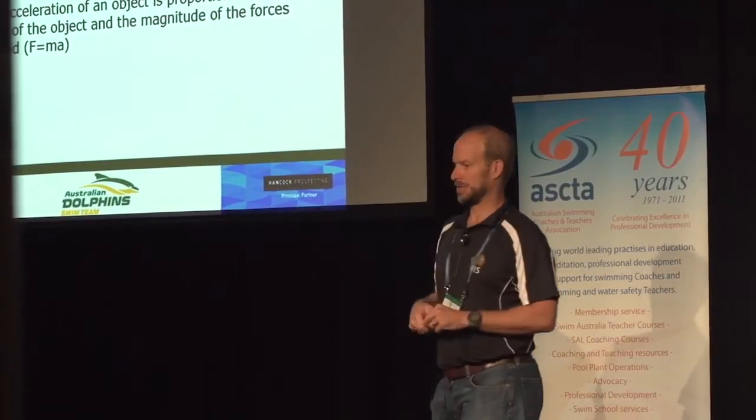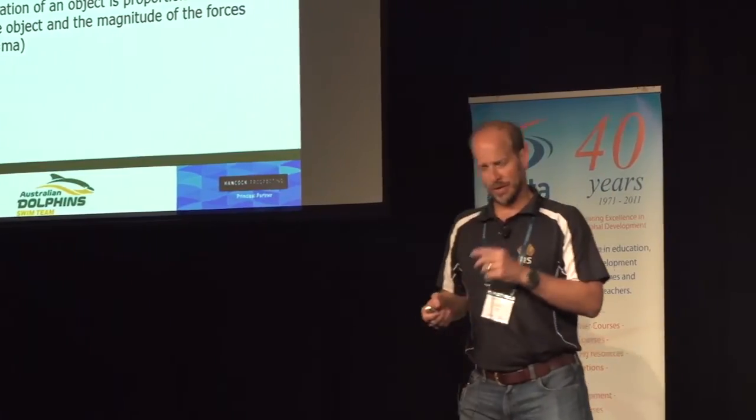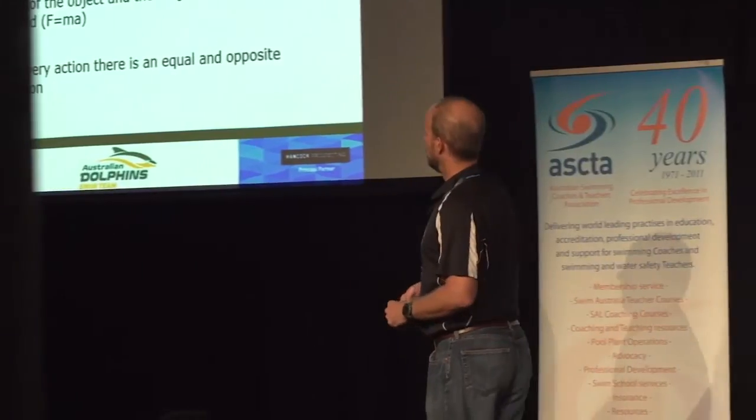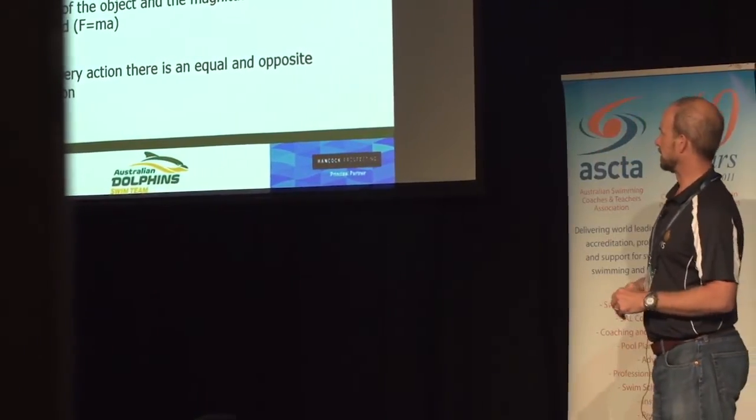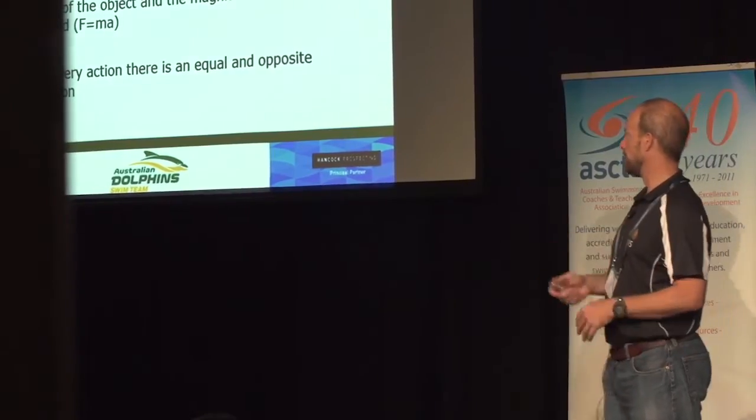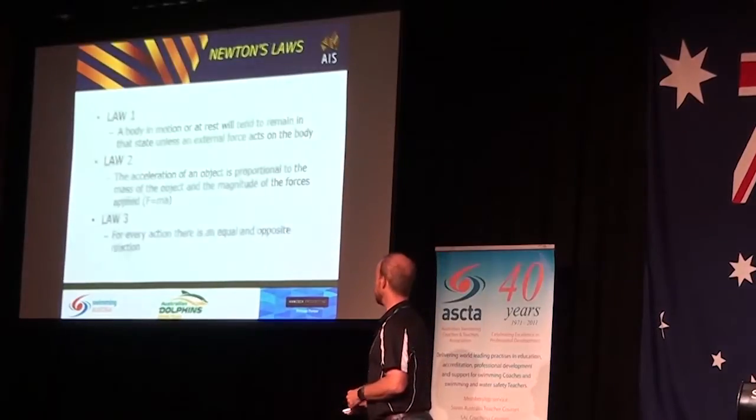So if you have a light object and you apply a big force, you're going to get a high acceleration. If it's a really massive object, same force, you're going to get a low acceleration. And then you can play around with all the different combinations. And then everybody kind of knows this one: for every action there is an equal and opposite reaction. So those three just frame everything that we're going to be talking about.